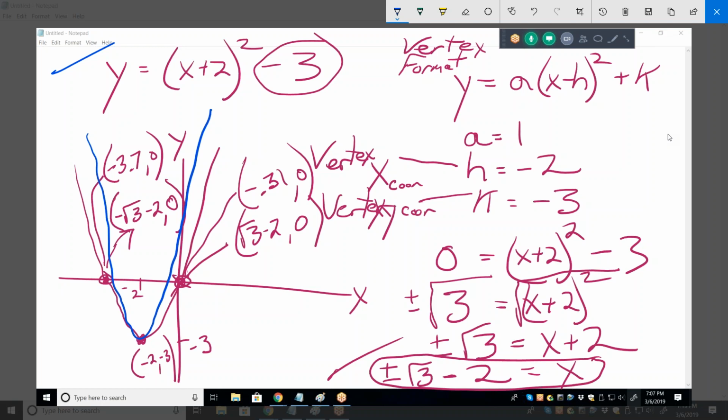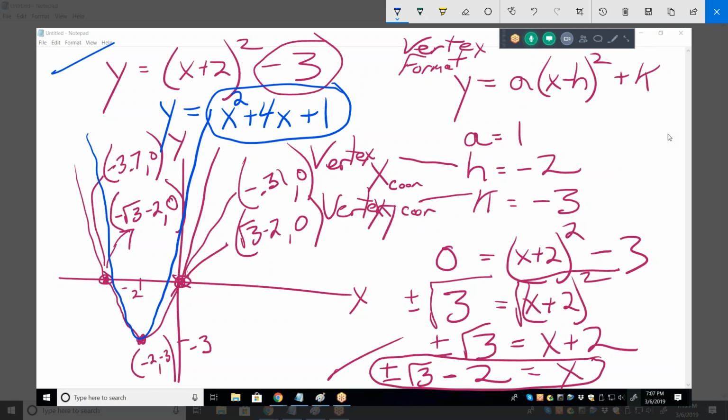They could have given you an equation like, if I expand this, I get x squared plus 4x plus 1. That's the same equation. But now it's not in such a pretty format for graphing it.